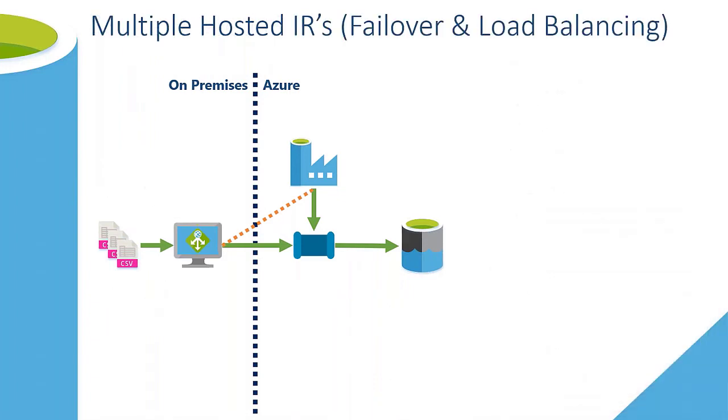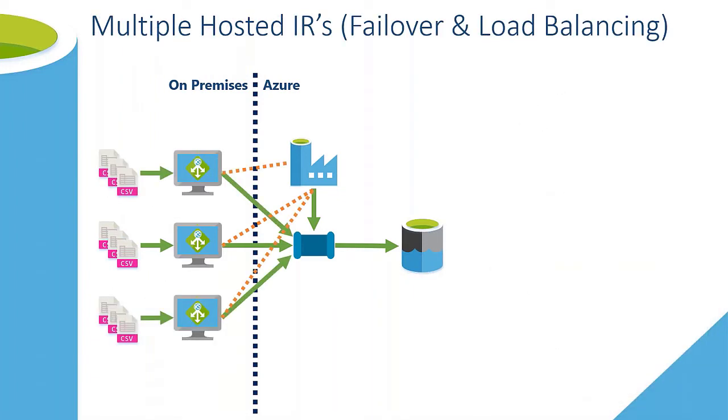What you can also do is have multiple versions of these hosted IRs, so they will act in a failover and load balancing capability. You can have multiple nodes registered to a single IR in Data Factory, and it will give you that scale out capability if you have lots of data to bring up, or you've got lots of on-premises resources that you want to make use of.